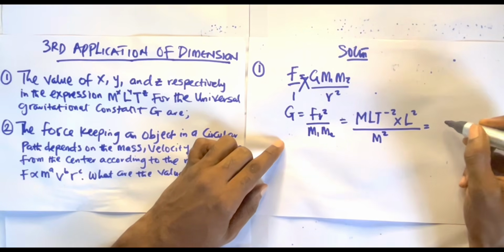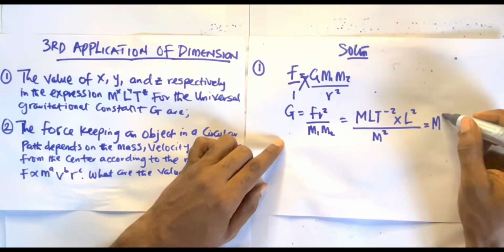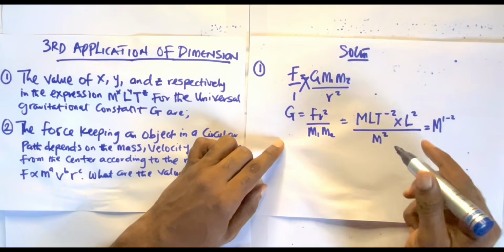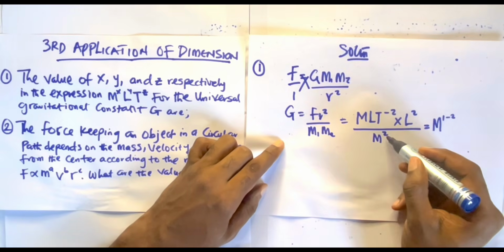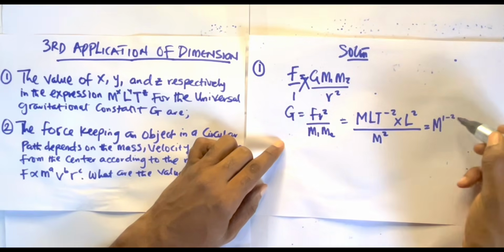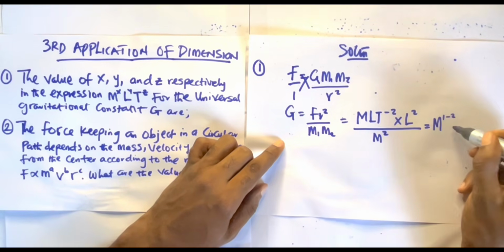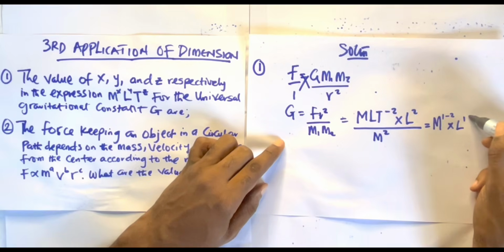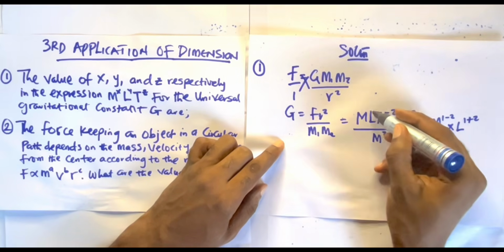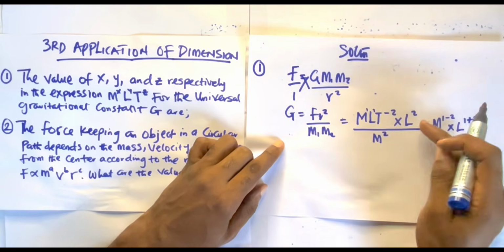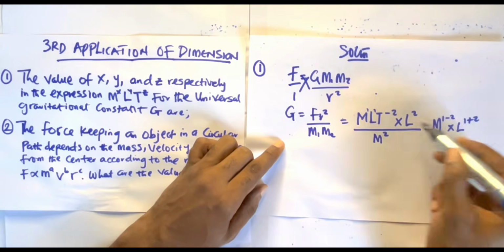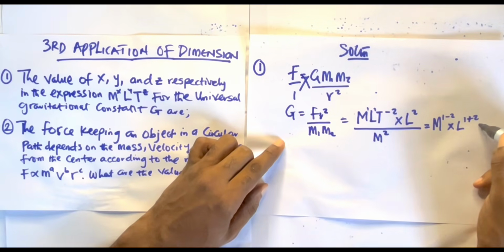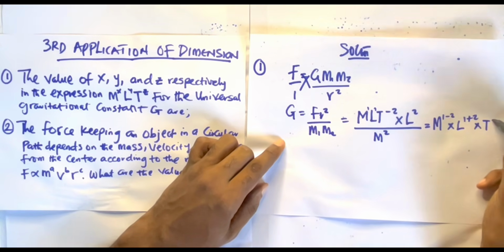So we'll have M to the 1 minus 2. We collect like terms, we move M up here, which has 2, so this division is going to make it minus, times L to the 1 plus 2. We have L to the 1 here, so we are going to move this L squared down here. Multiplication will make it plus, times T minus 2.